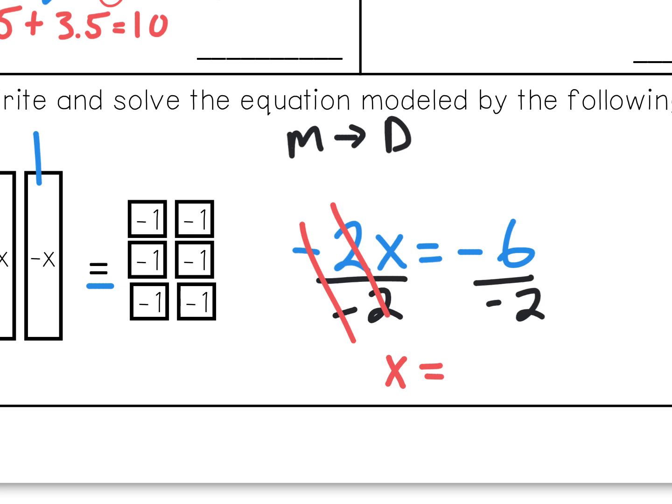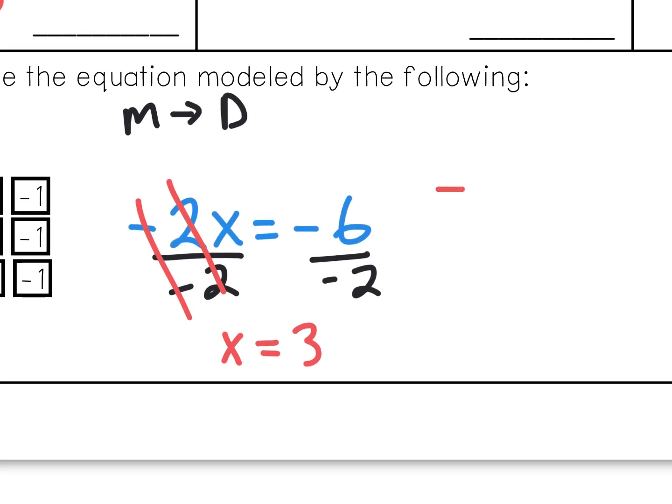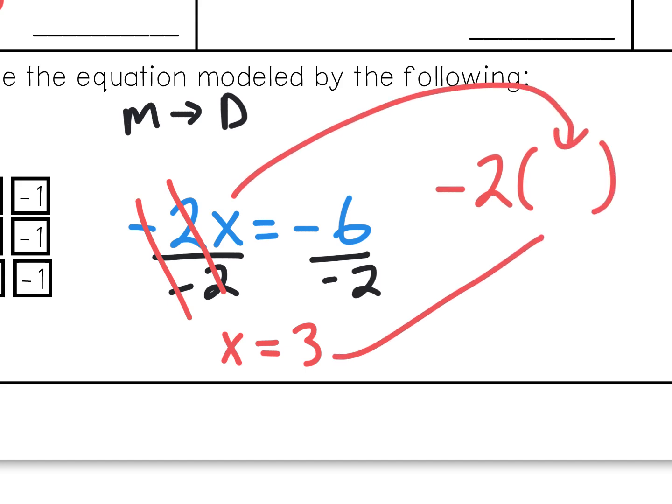x equals. And what's negative 6 divided by negative 2? Positive 3. Why? Because they're both negative. Negative divided by negative equals positive. You're right. So now let's plug it in. Negative 2, parentheses. Notice, I'm not going to put x here anymore. I'm going to put 3.